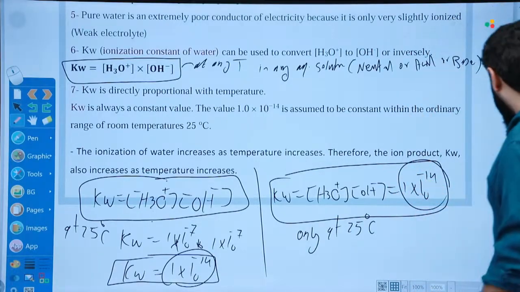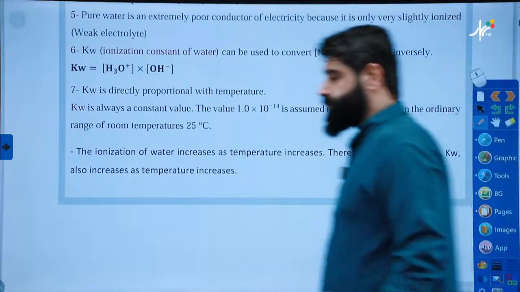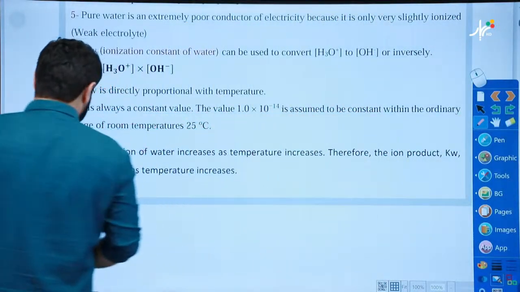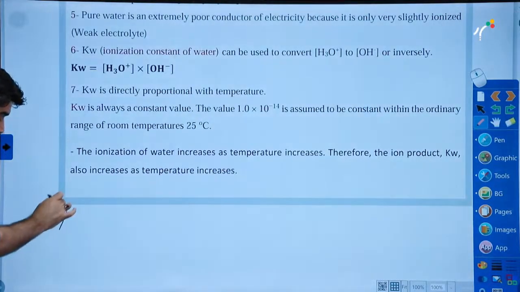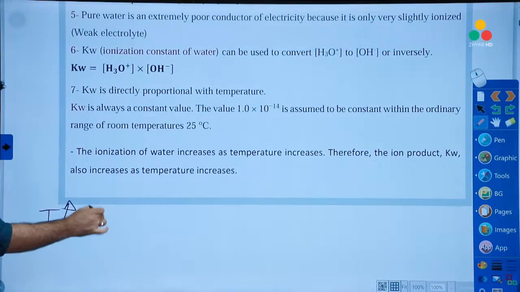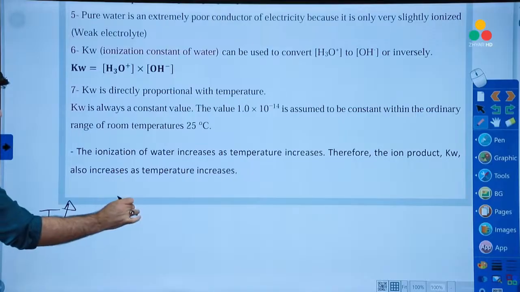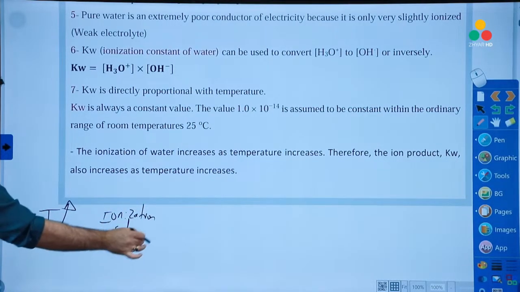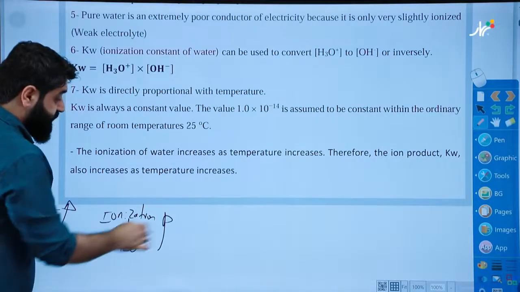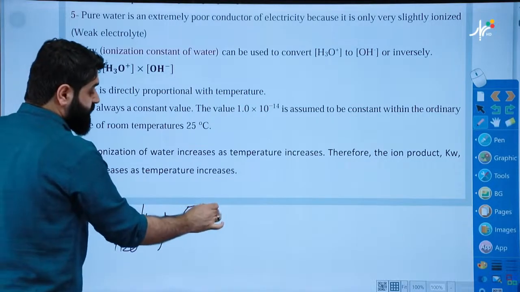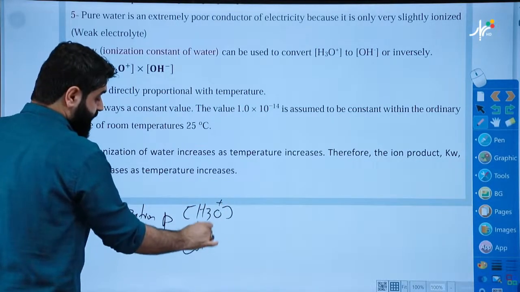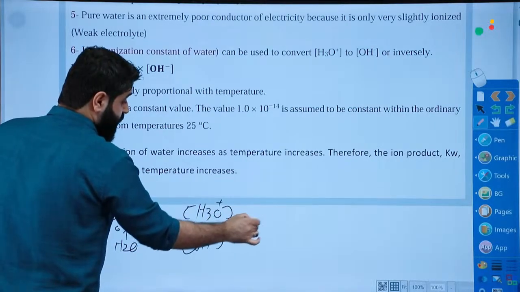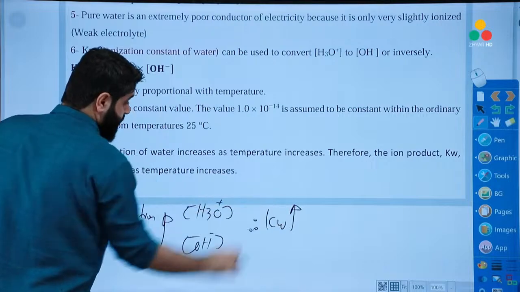Good? Let's have another important sequence. Try to write this on a sticky note. As the temperature is increased, ionization is increased. Ionization of H2O, of course. Self-ionization of water is increased. Once the ionization is increased, H3O is increased, OH is increased, therefore Kw is also increased.